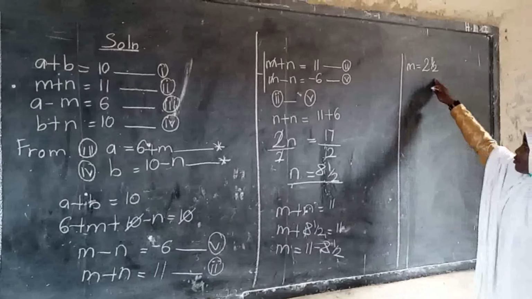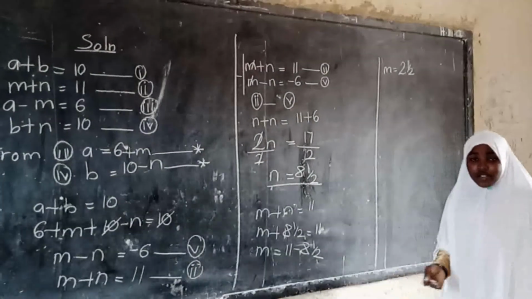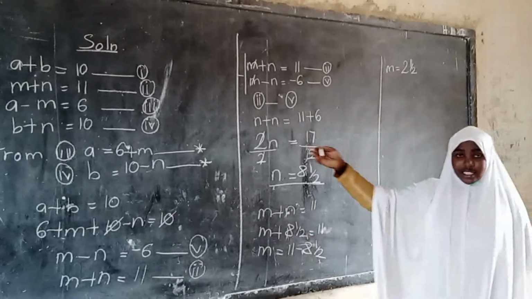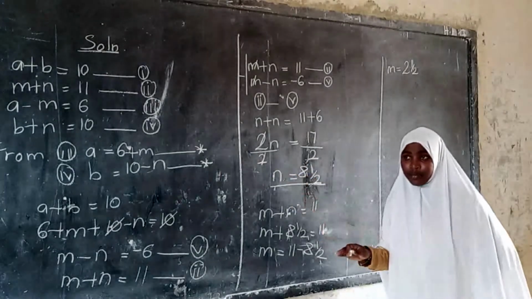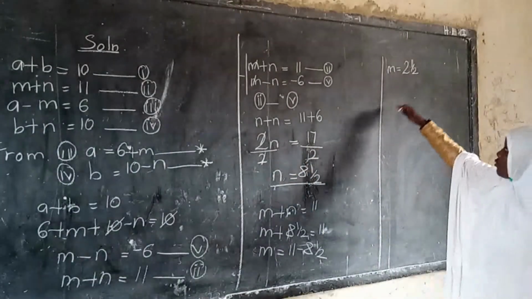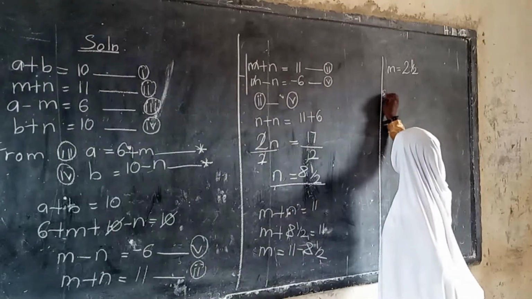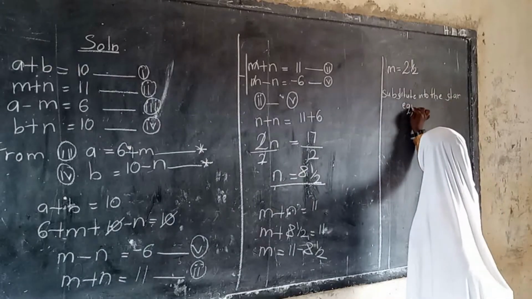After getting the value of our M, in order to get the value of the rest of the unknowns, we are going to substitute the value of N and M into the star equations. As you can see, A is equal to 6 plus M. We already have the value of M as 2.5. So we shall substitute into the star equations.